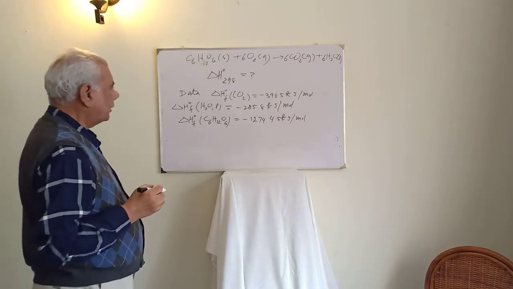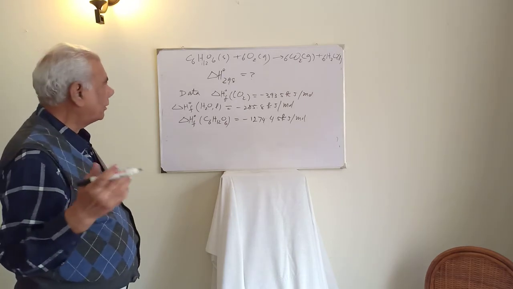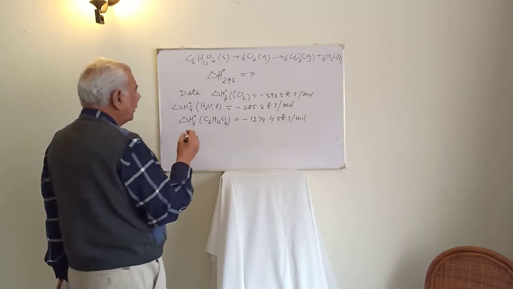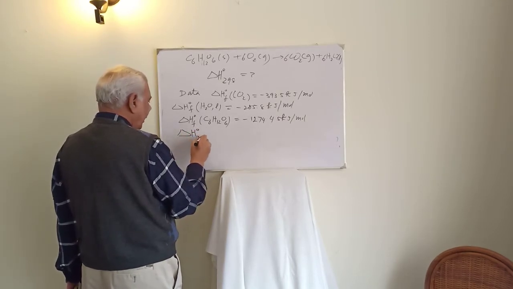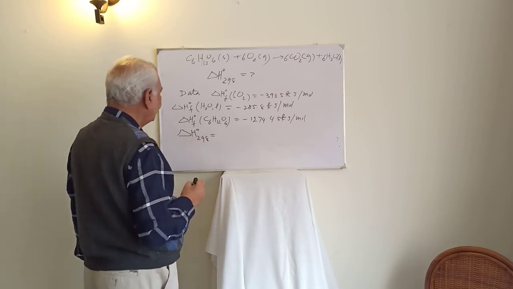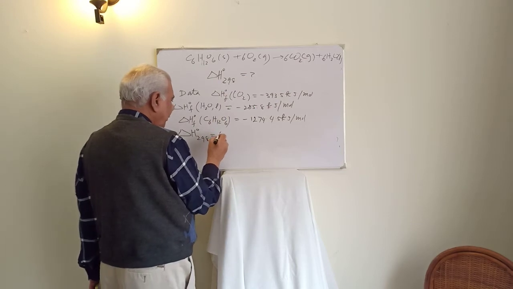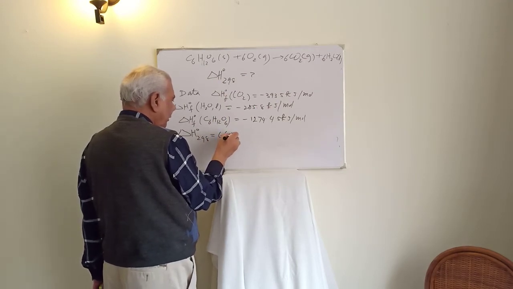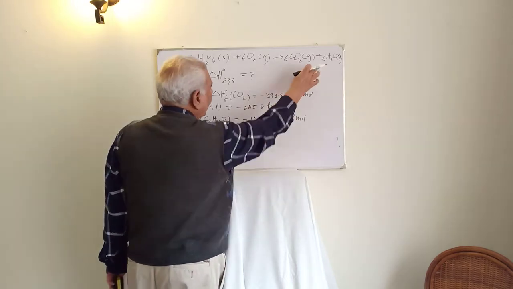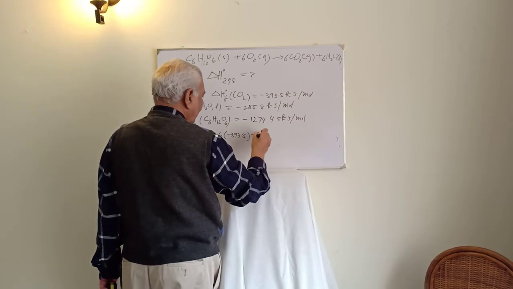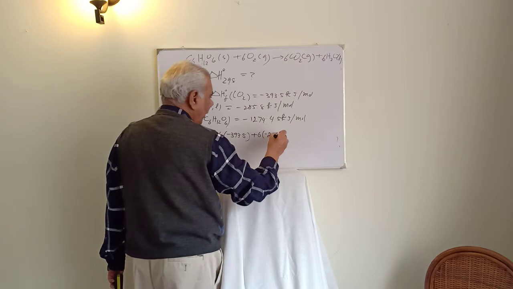Okay, so let us calculate what is the enthalpy change of the reaction. So here delta H naught 298 will be equal to these products, 6 times minus 393.5 kilojoule, and then 6 times minus 285.8.